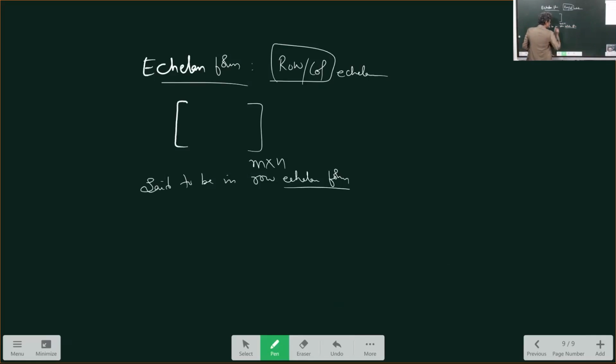The first condition: any zero rows that exist must appear at the bottom.